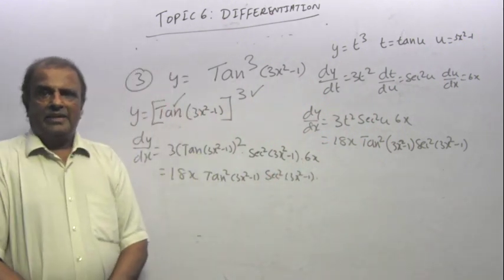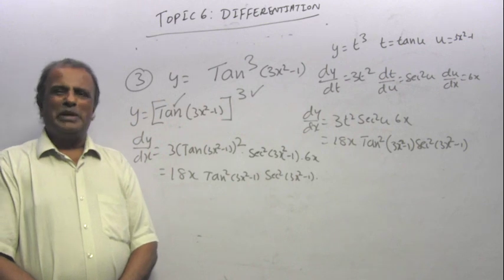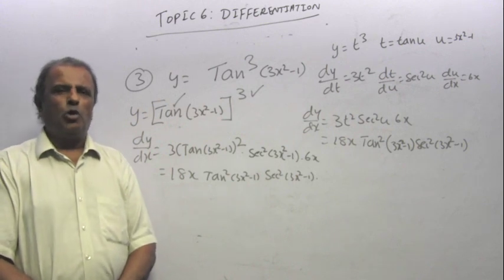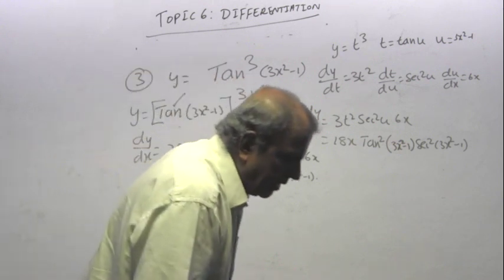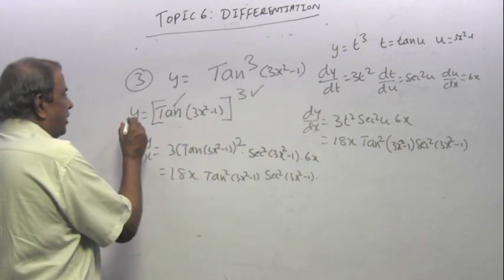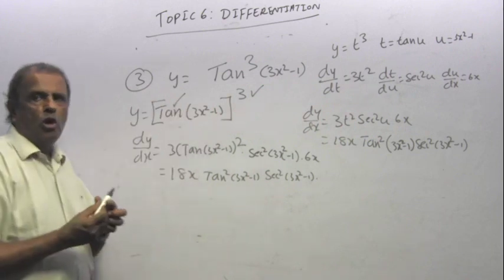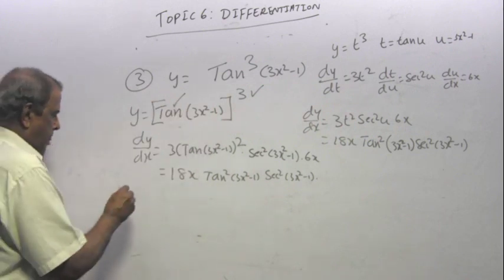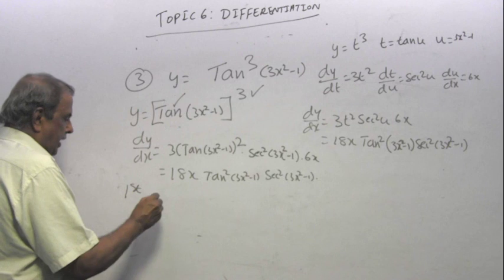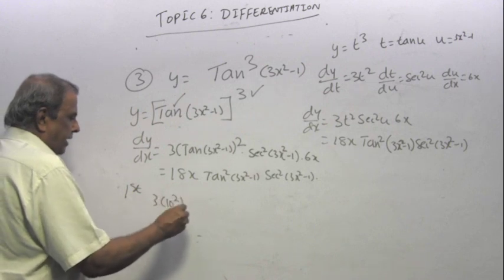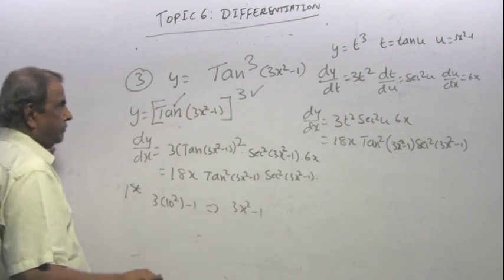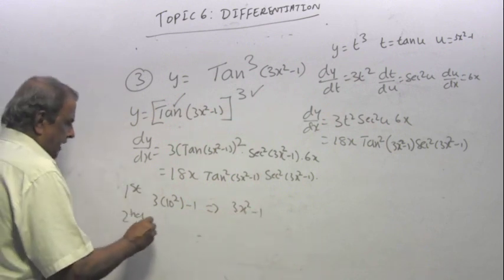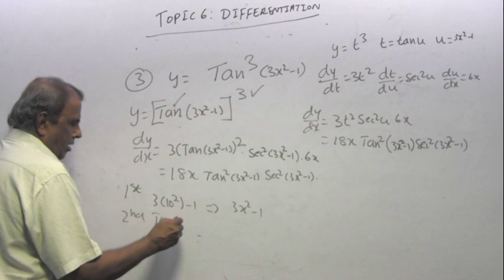You might be wondering, sir, it's going to be difficult for me to figure out how. The best way to figure it out is to imagine you are finding the value of y when x is 10. What is the first thing you do? First, you find 3 times 10 squared minus 1, that means you do 3x squared minus 1. Then you find tan of the answer.